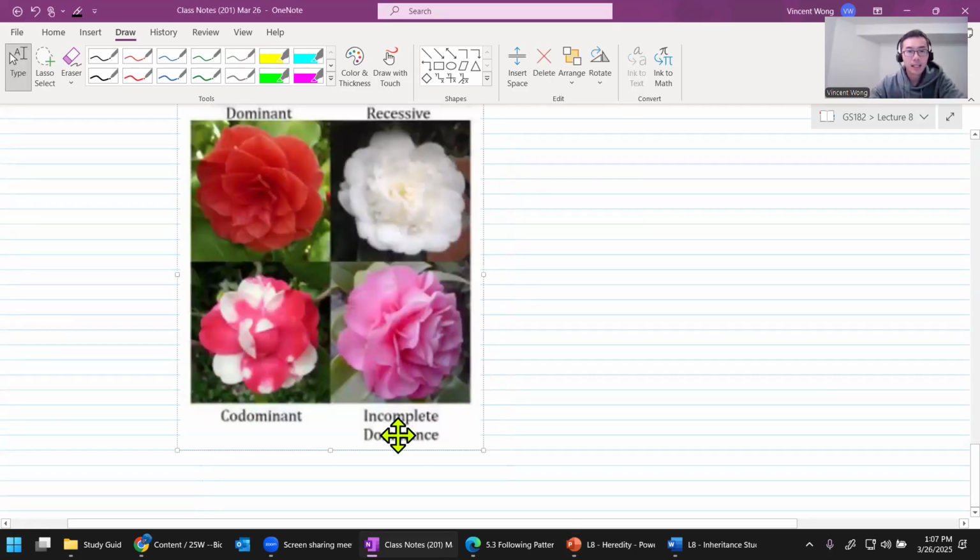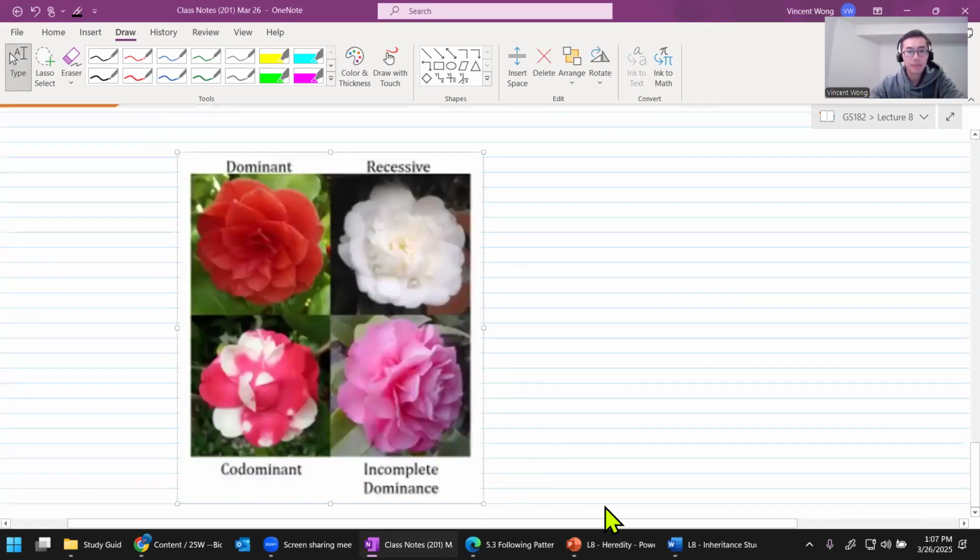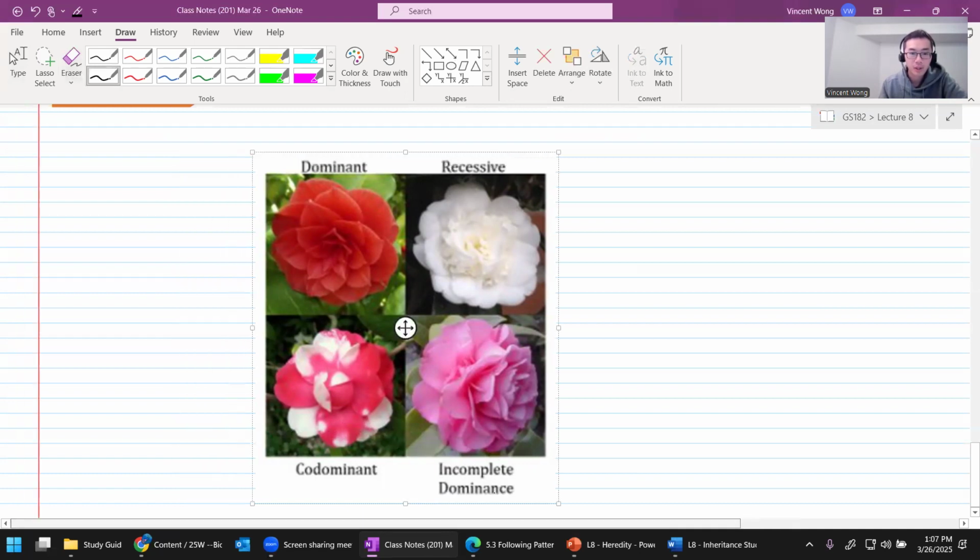Not everything is dominant and recessive. It turns out the interaction of alleles can be more complicated than simple dominant and recessive. In some situations we can have what's called codominance, and in other instances we can have what's called incomplete dominance.